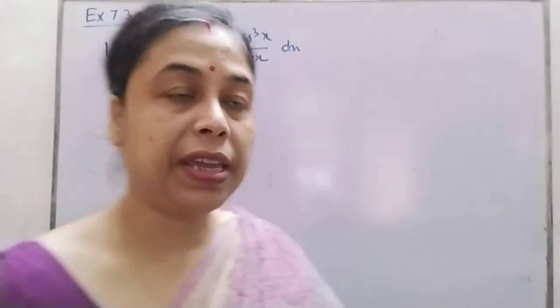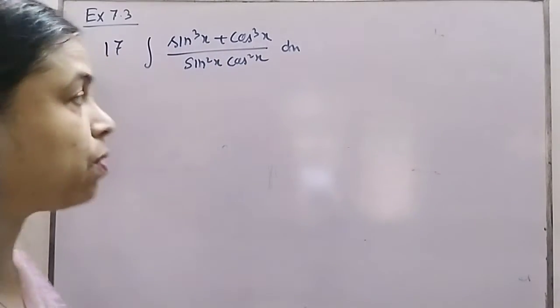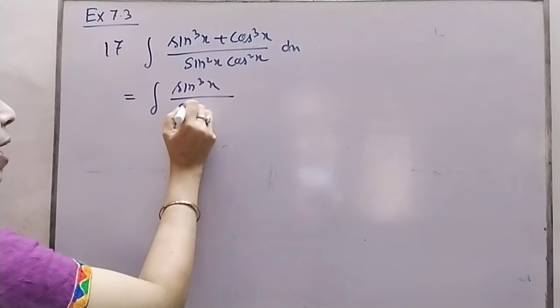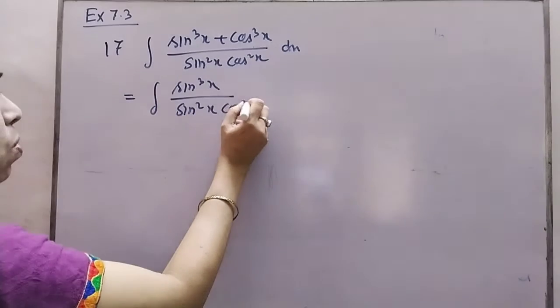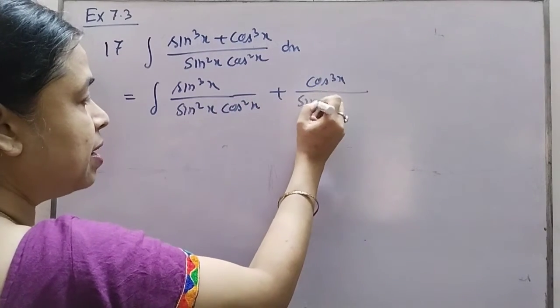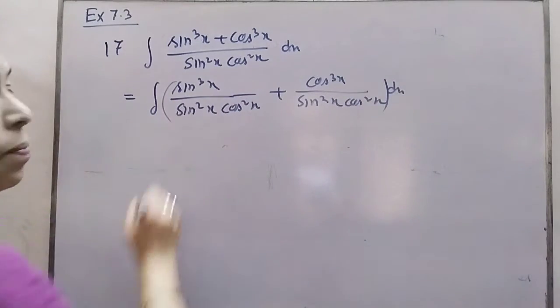So here, if I separate it into parts, sine cube x by sine square x into cos square x, because the denominator is a product term, so easily we can separate. Then some of the terms will be cancelled out and the function becomes easy.